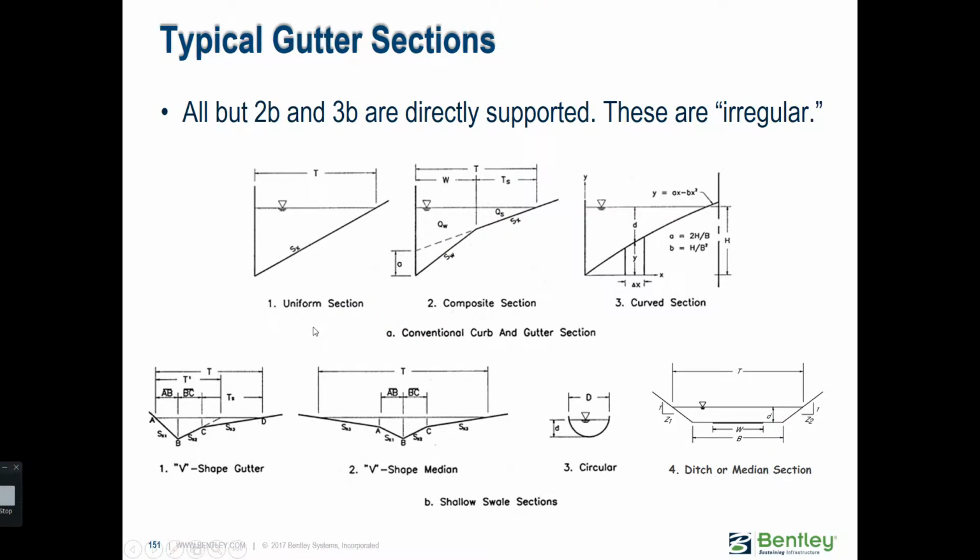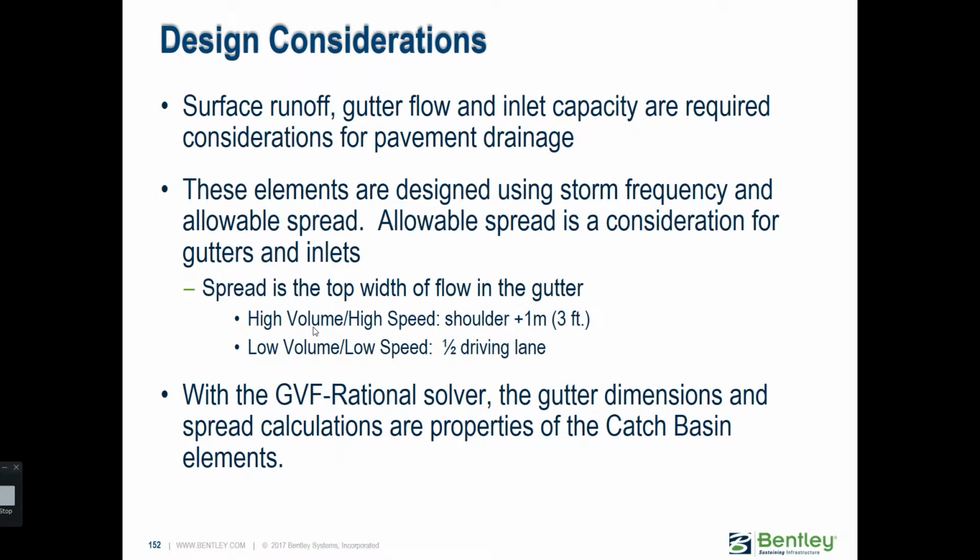Okay, so now that we know the different forms of gutters that we can have, let's learn what gutters actually do. Well, in the gutter, we have the capacity for bypassing flow from one inlet to the next. So it really transports flow from one inlet to the other. That's its purpose.